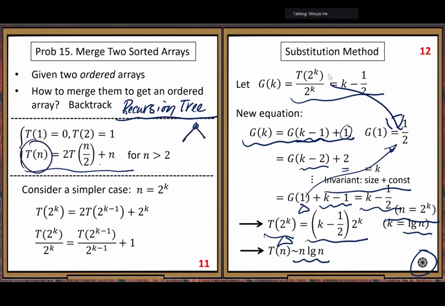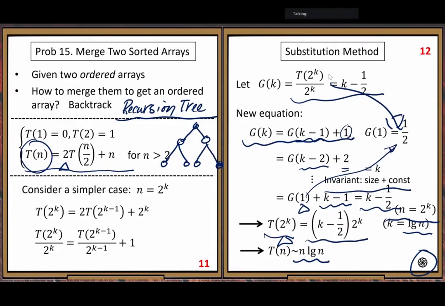It's a binary tree, because you have 2 branches. Every time we split, we get a binary tree, that recursion tree. Using that recursion tree, we can estimate the general cost.